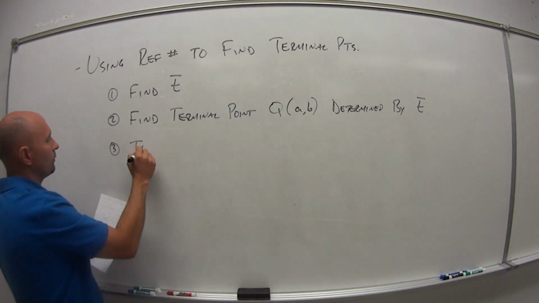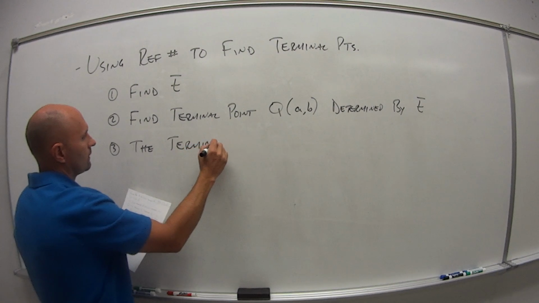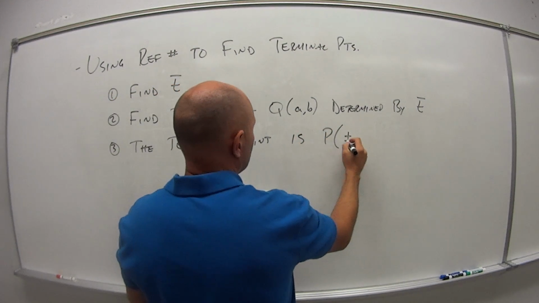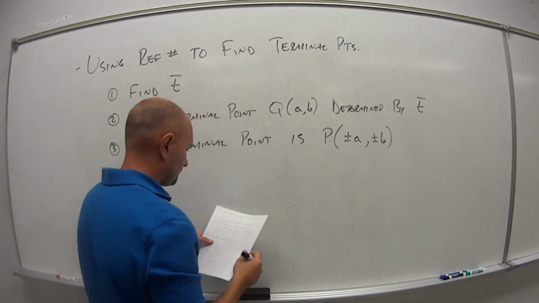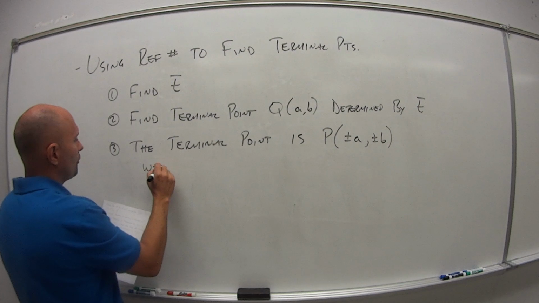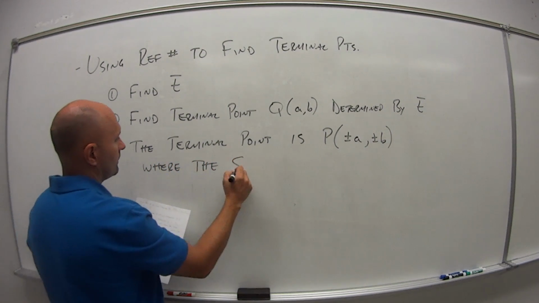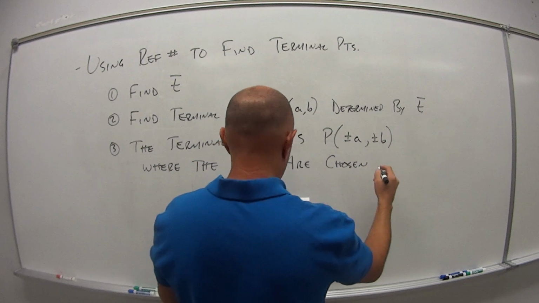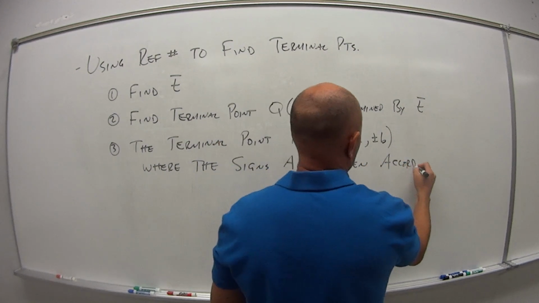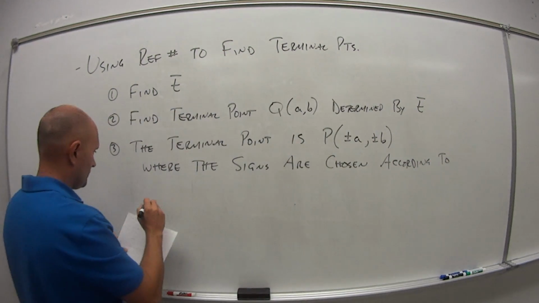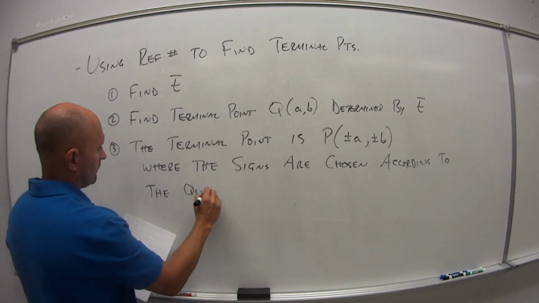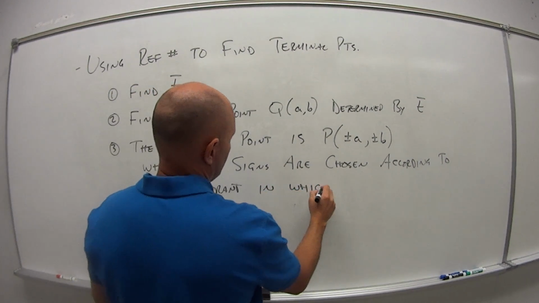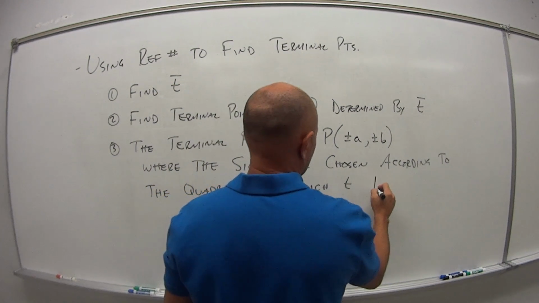So 3 says that the terminal point is the point plus or minus a, plus or minus b, where the signs are chosen according to the quadrant in which t, our terminal point, lies.